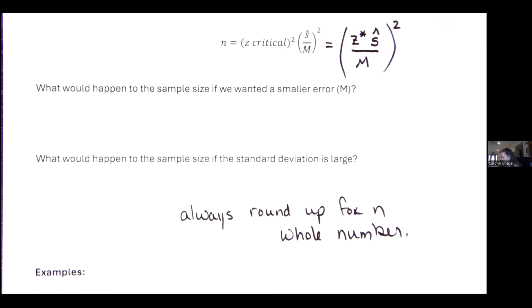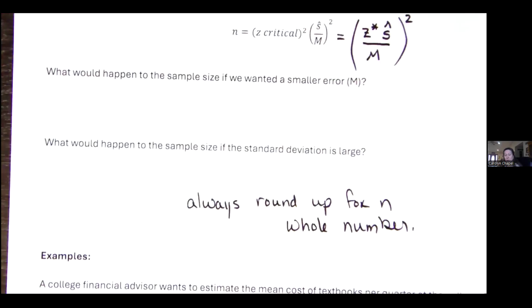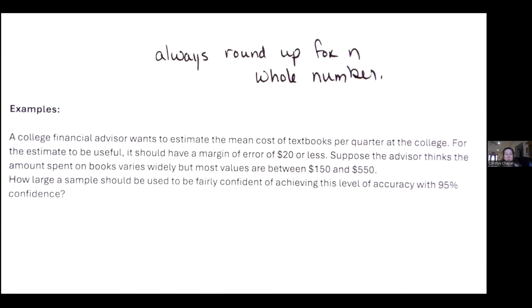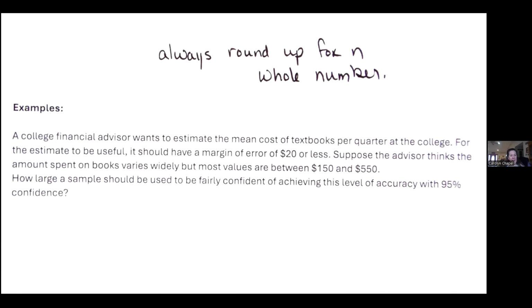Okay, here are some examples, and I do have 2 of them. First of all is about books. A college financial advisor wants to estimate how much students are going to spend on textbooks per quarter or semester. For this estimate to be useful, we want to make sure the margin of error is within $20, high or low.